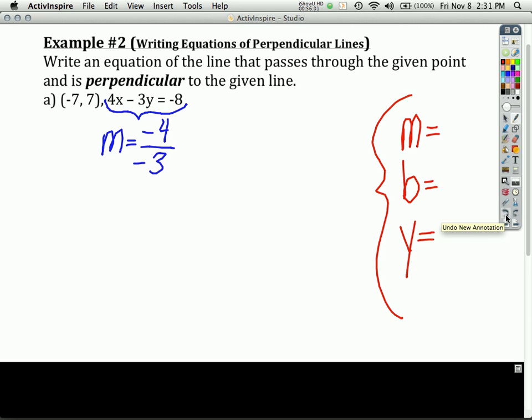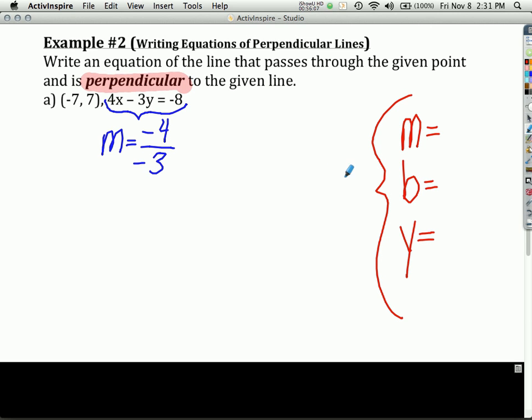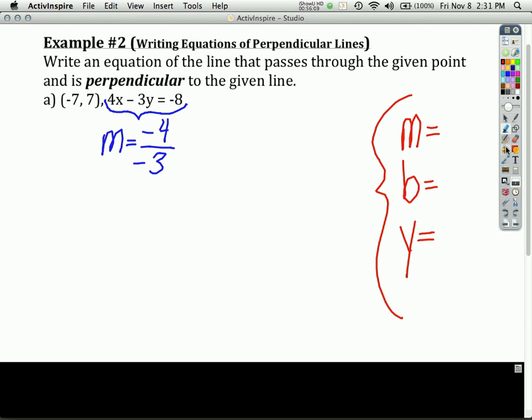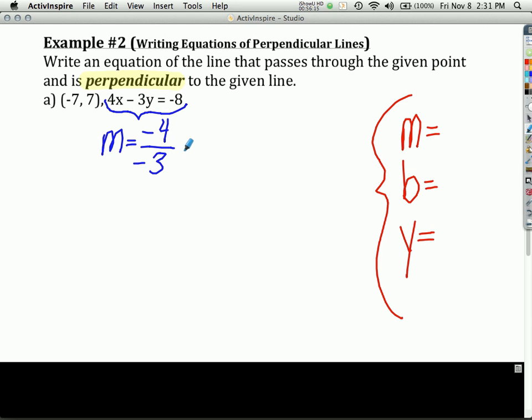So now the slope of this line is 4/3, but I am trying to find a perpendicular line. So I don't write a line with 4/3 as my slope. What's the slope of my new line going to be? Alyssa? -3/4.